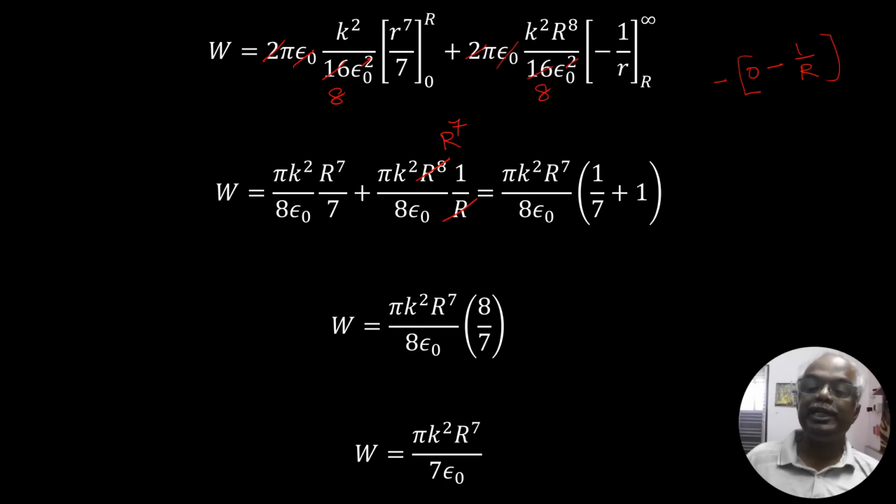So if you take 7 as LCM, you will get 1 plus 7, which is equal to 8 by 7. This bracket term will become 8 by 7. This 8 and this 8 will get cancelled. So you will get pi k squared r power 7 over 7 epsilon naught. This is the answer. We have solved it using one method.